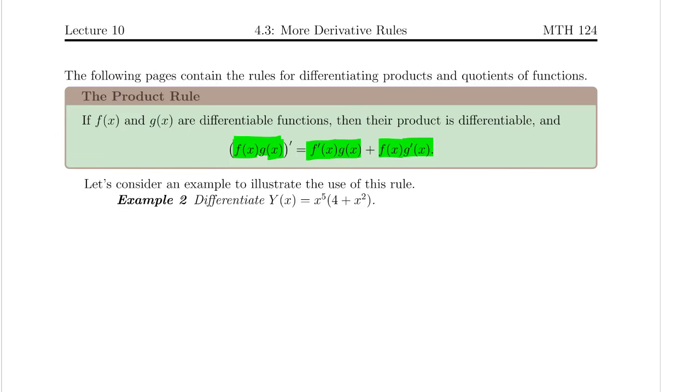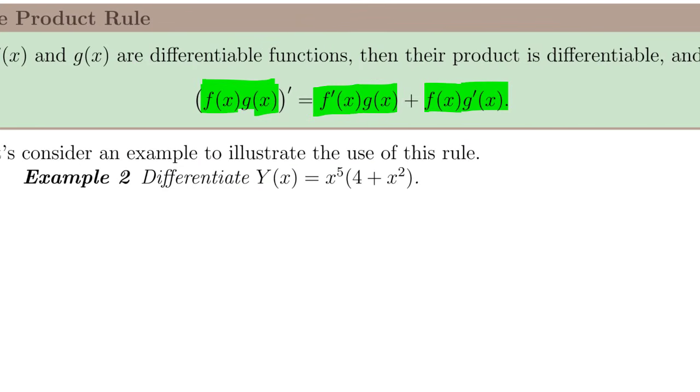This function y of x is x to the fifth times the quantity 4 plus x squared. At first it may be helpful to label f and g. We could think of x to the fifth as f, and then we could think of the function 4 plus x squared as g.